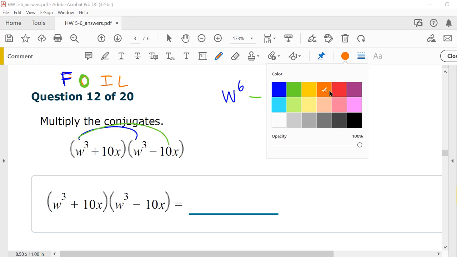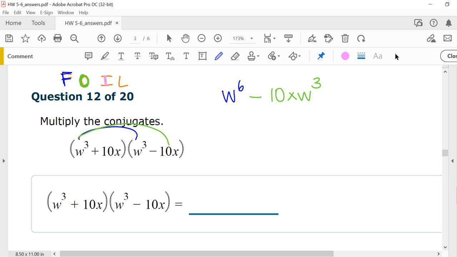Okay, for the inner terms, 10x times w cubed will give you plus 10x w cubed. Finally, for the last terms, 10x times negative 10x is negative 100x squared.